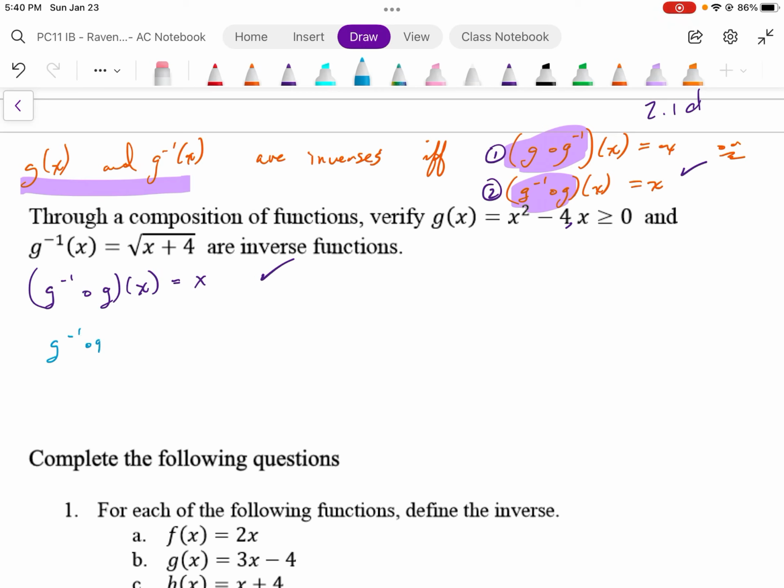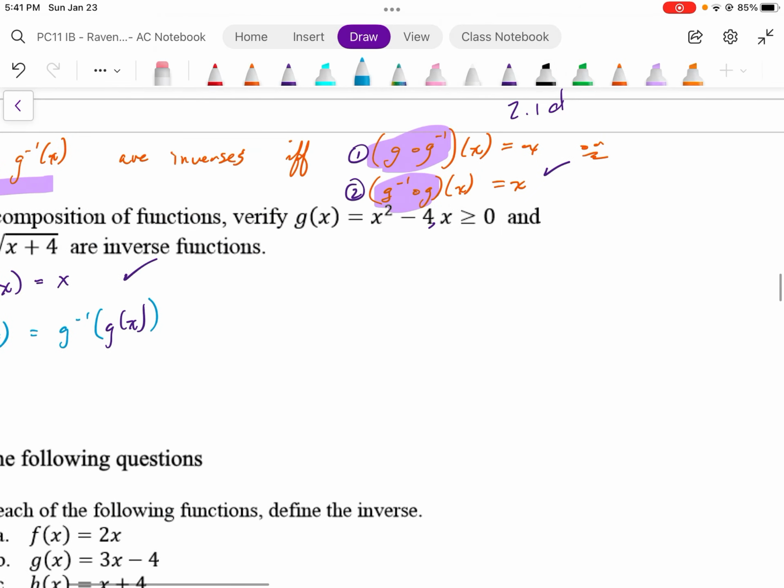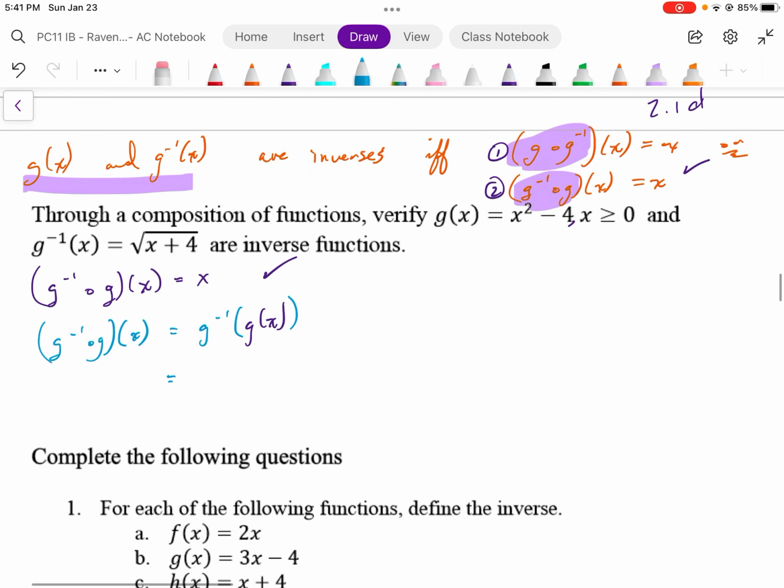So I'm just going to try to prove that this is equal to x. So first I'm just going to see what my g of x function is, and I'm going to plug this into the composition. So g inverse, I'm just going to keep that out. I'm going to work inside the brackets.